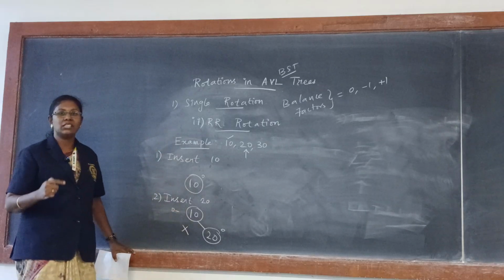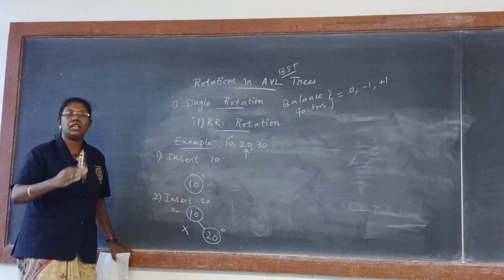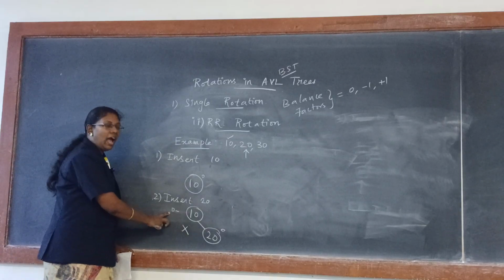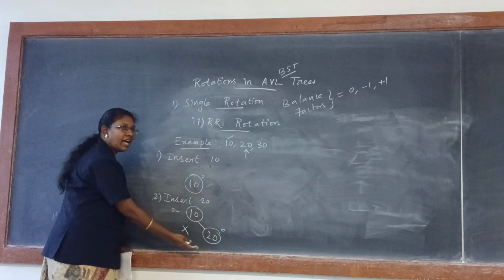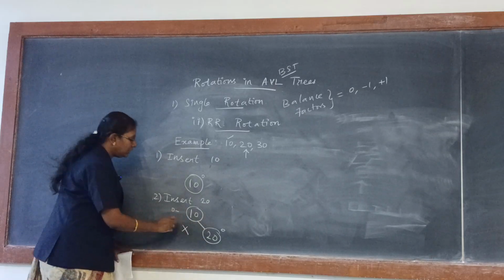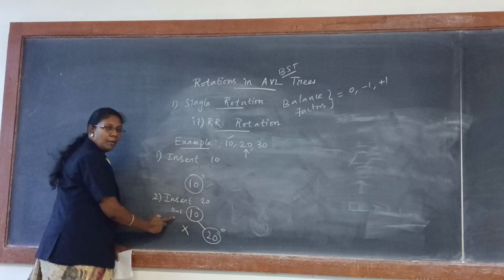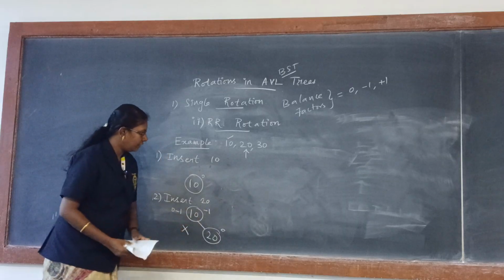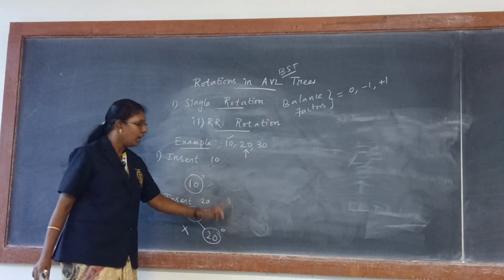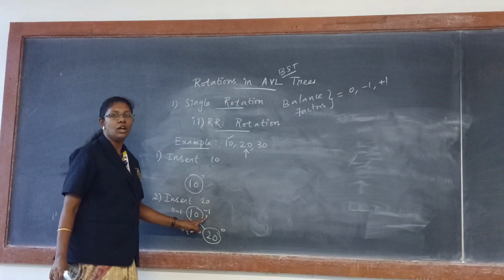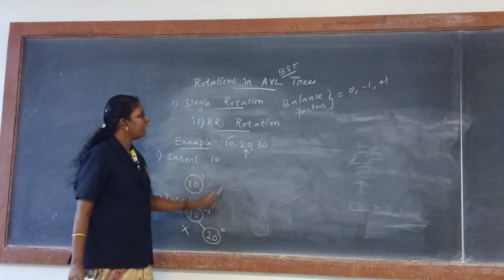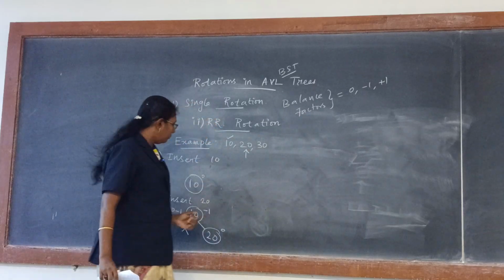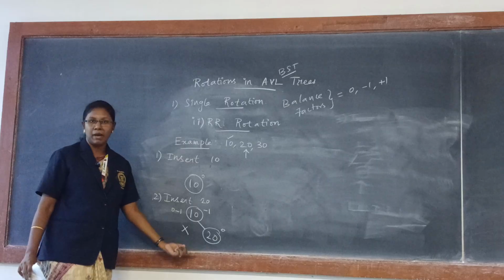The formula for the balance factor is height of the left subtree minus height of the right subtree. The height of the left subtree is 0 and the height of the right subtree is 1, as we have only one level on the right hand side. So 0 minus 1 is minus 1. Here the balance factor for this node is 0 and for the parent node is minus 1. So 0 and minus 1 are valid balance factors, and till now no imbalance has occurred.